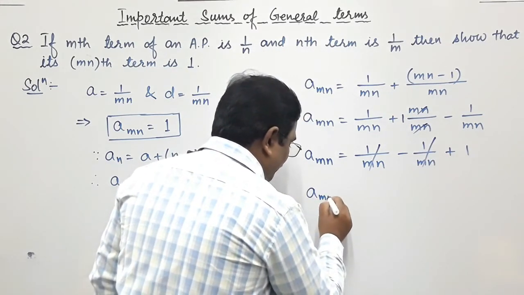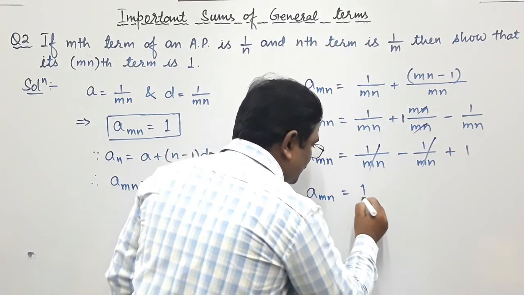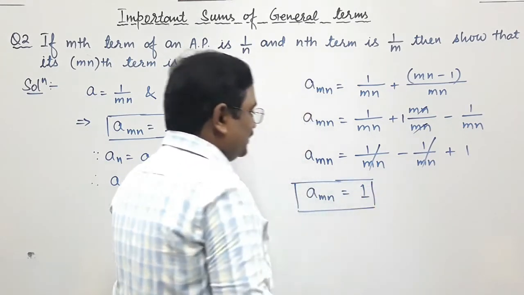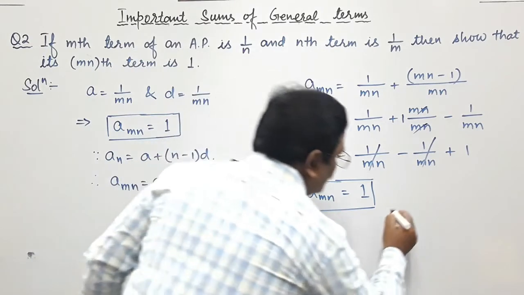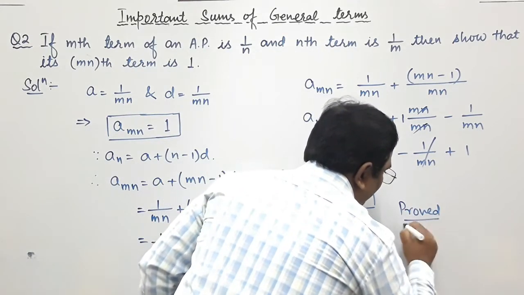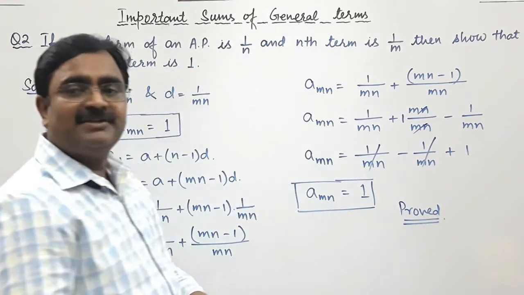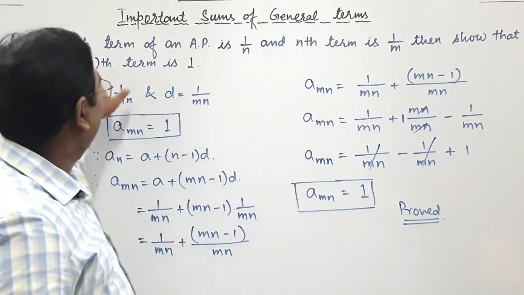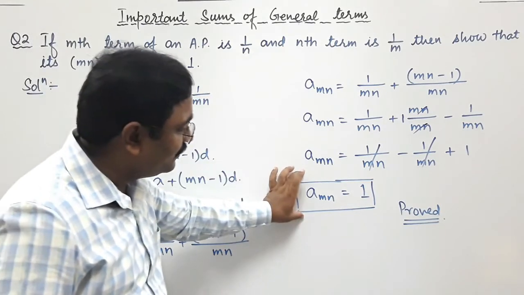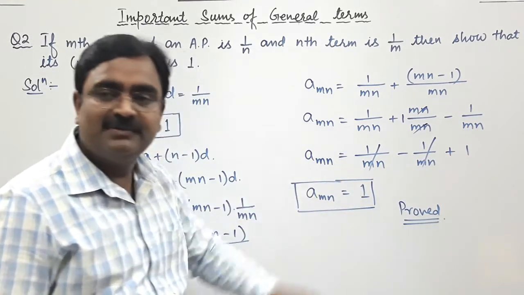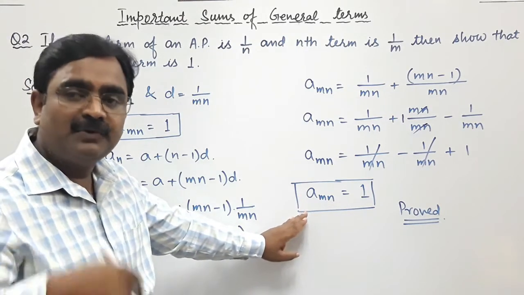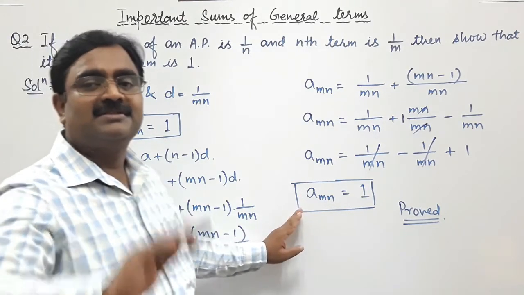Therefore, A of mn is equal to 1 is proved. This is to be proved. So here we have proved it. Right? So the mnth term is 1, we had to prove. So A of mn is equal to 1. It is proved here. कोई प्रॉब्लम हो तो उसको डिस्कस कीजिएगा.